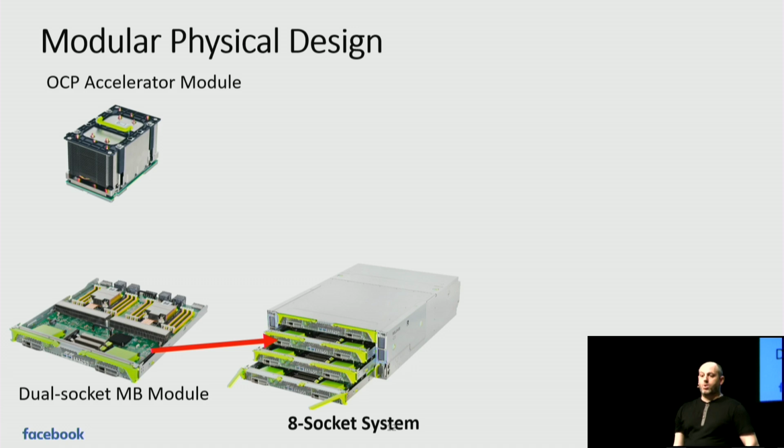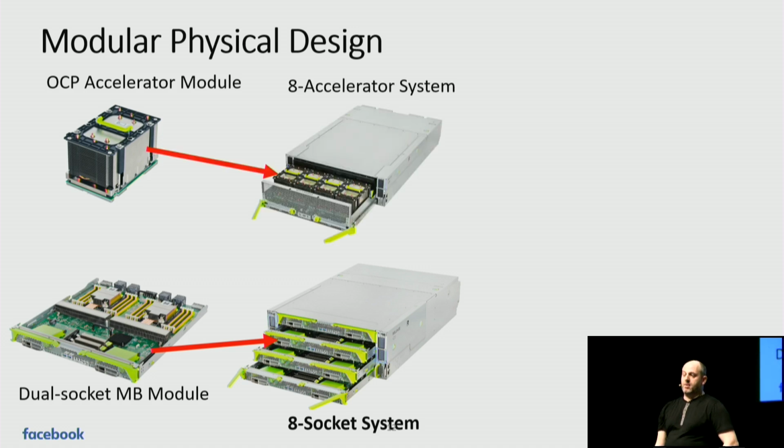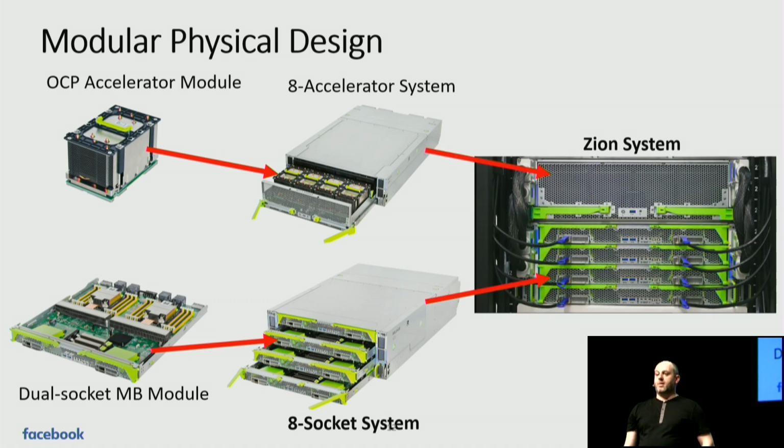Then we also have the OCP accelerator module, OAM for short, which I'm going to talk about in more detail a little later, and we put 8 of them together in an 8-accelerator system. Now we take the 8-accelerator system and the 8-socket system and combine them together in different chassis, and we get a Zion system. You see the black cables running along the edges; those are the PCIe cables that connect the 8-socket system with the 8-accelerator system.